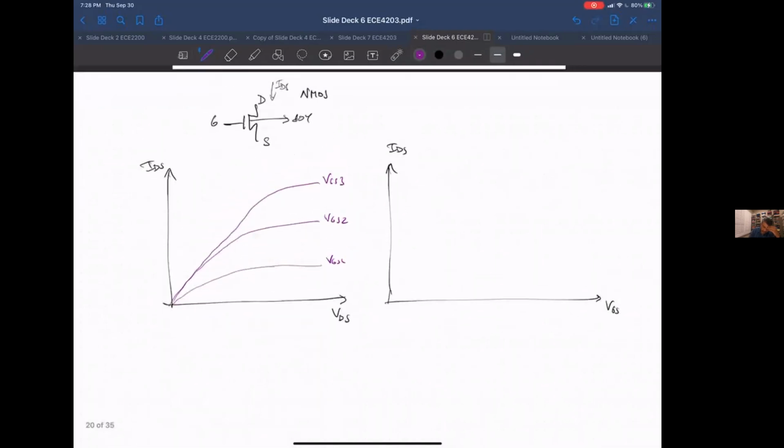And then the same thing, this is exactly the same device, but to represent VGS versus IDS in a 2-dimensional graph, you need to hold VDS values constant. So in the most ideal model, if I do this, I'll get something like this.